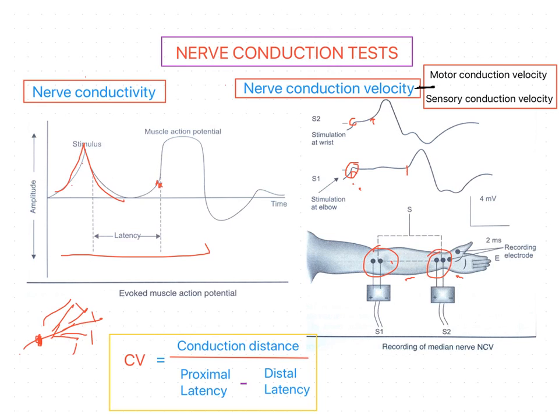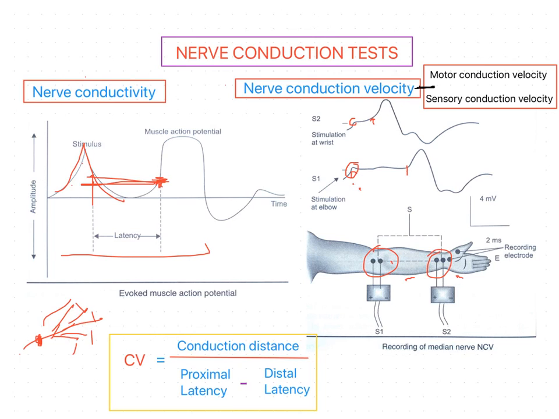Here, this is the end point of the stimulus, and this one is the starting point of muscle contraction. The distance between these two points is called latency. Here we are stimulating the median nerve at two areas, isn't it?